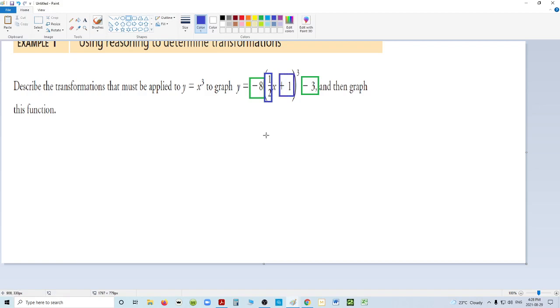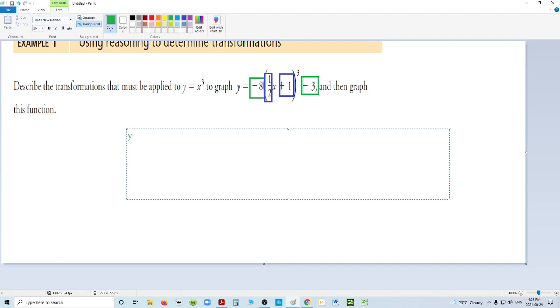That is not correctly transformed. But let's start with the y transformations that are going on. What's going on in y? We have a stretch by a factor of 8, and then it is translated down the y-axis by 3. And lastly, here's the part that I skipped, it is reflected in the x-axis.